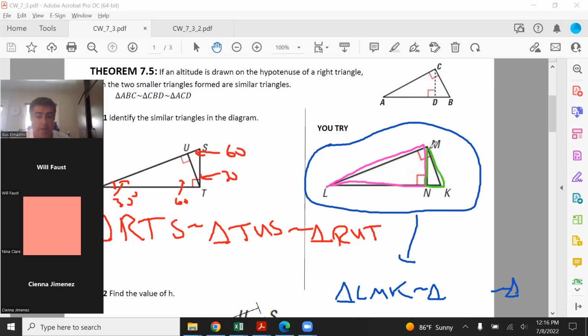But you guys say it in the right order. So if I did LMK, I did small angle, right angle, medium angle. So the pink would have to be L and M. And the green would have to be M and K. There you go.